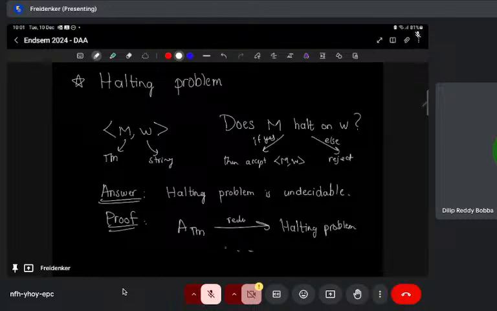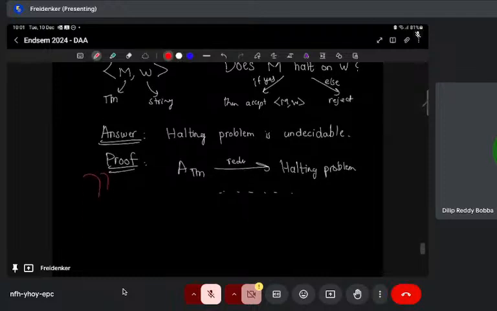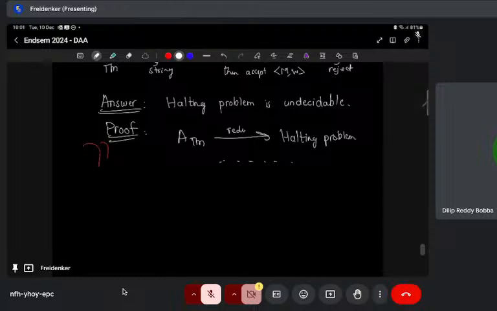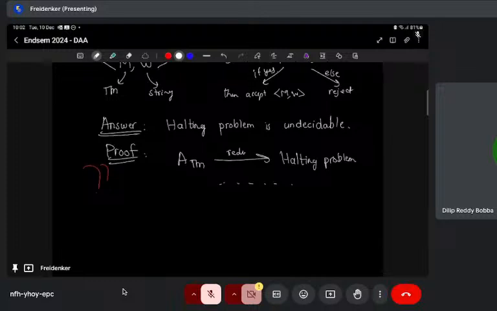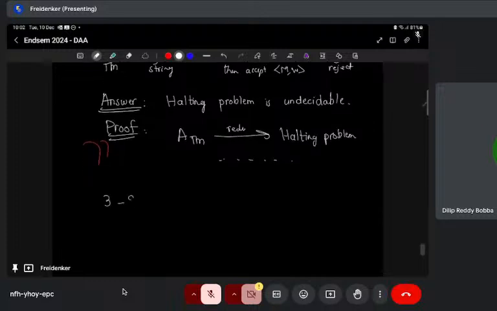Apparently, the proof goes this way, but I will have to think about this. I will see. So for now, I'll just provide you some list of problems that were supposedly discussed on Thursday. I do not know what happened on Thursday. So I'll just write some problems so you don't have to break your head.